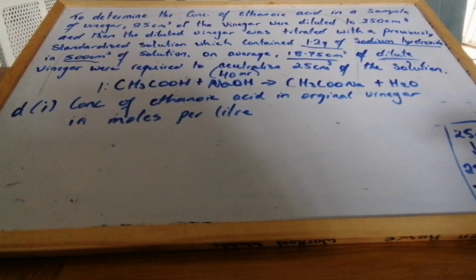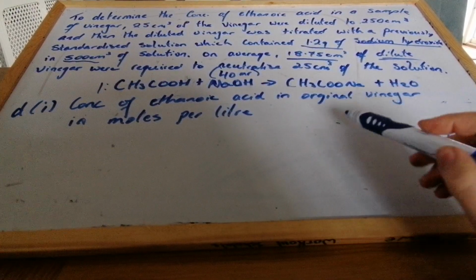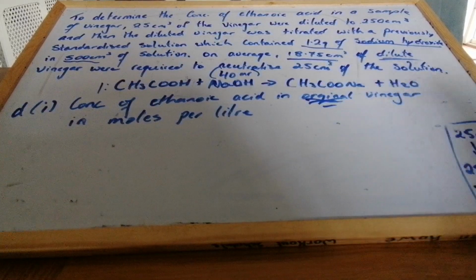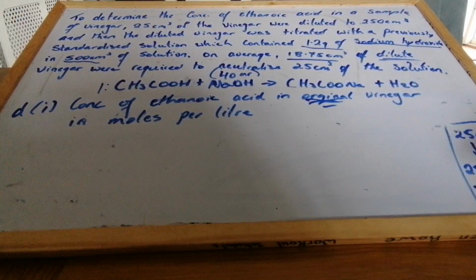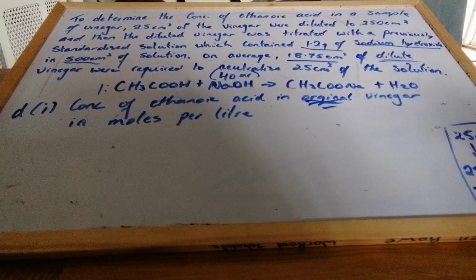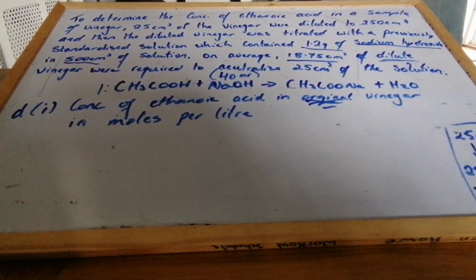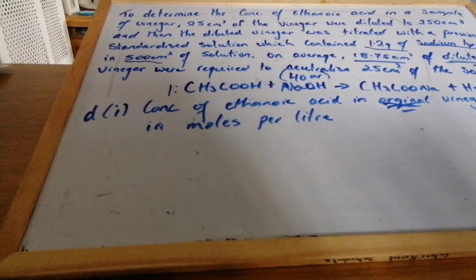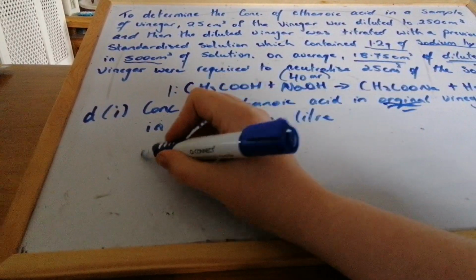So D then is asking us for the concentration of ethanoic acid in the original vinegar. And part one is in moles per litre. Again, we need to go back and find out what is known here. Okay, so what is known?